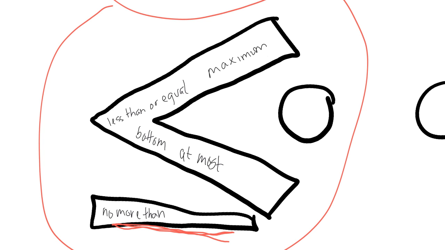The other difference here is that since it's equal to, it's going to be a closed circle. So I'm going to color that circle in. That's important. But my arrow still goes the same way. It's still a left arrow. However, it's a closed circle.